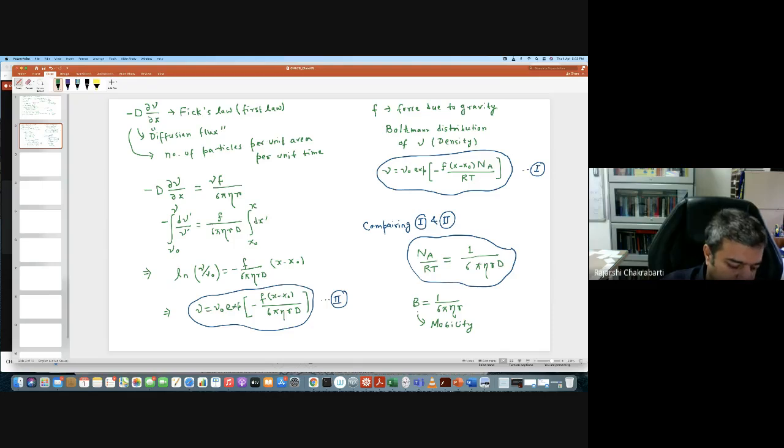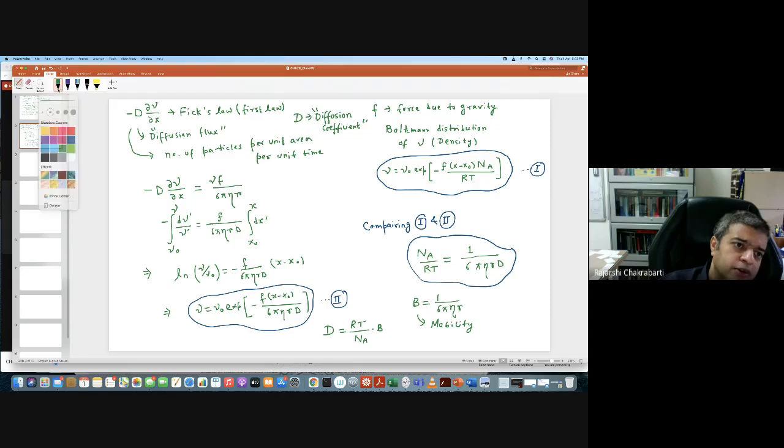So if I write this as the mobility, then I can say that your diffusion constant, or diffusion coefficient, D is given by Na by RT into 6 pi eta R. What does it mean? It will be RT by Na into B. Okay?